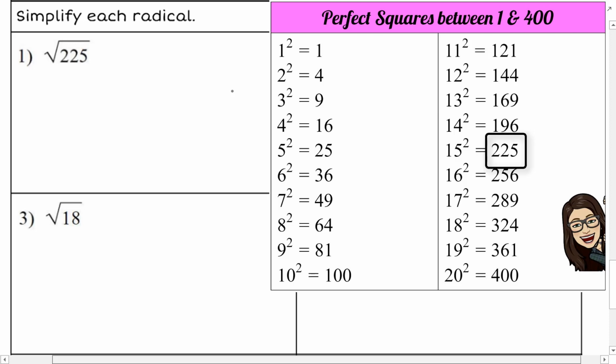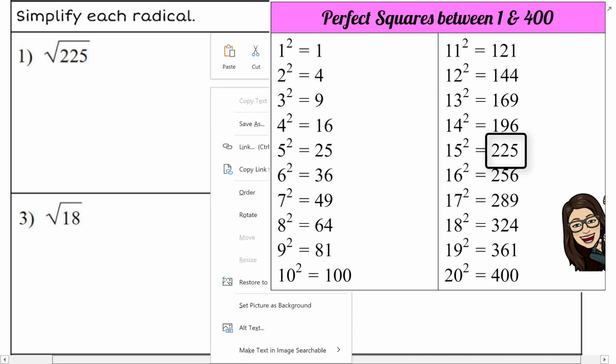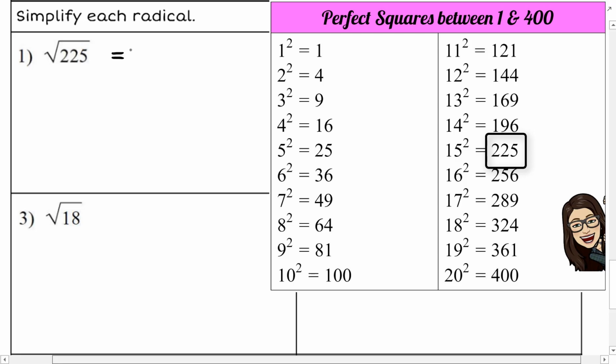Oh my goodness! 225 actually is in the perfect squares list. 225 is a perfect square, so our answer will just be whatever times itself is 225. And that would be 15.